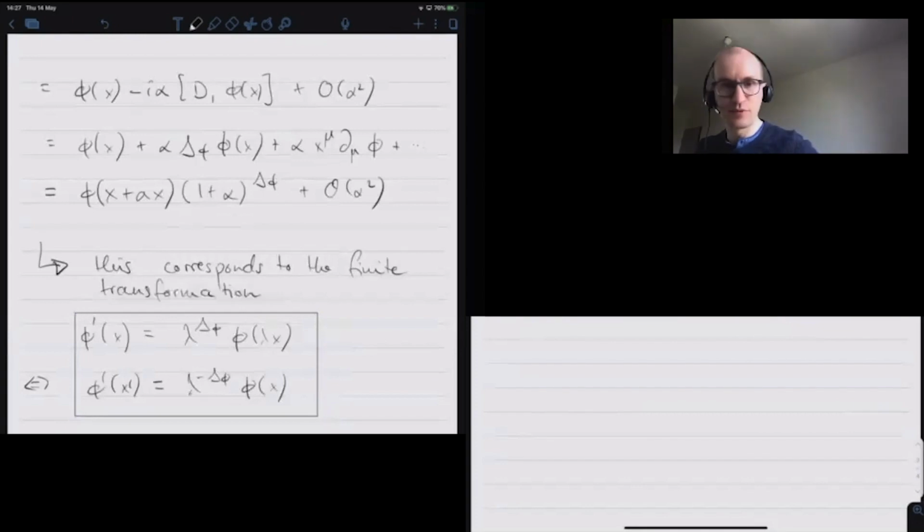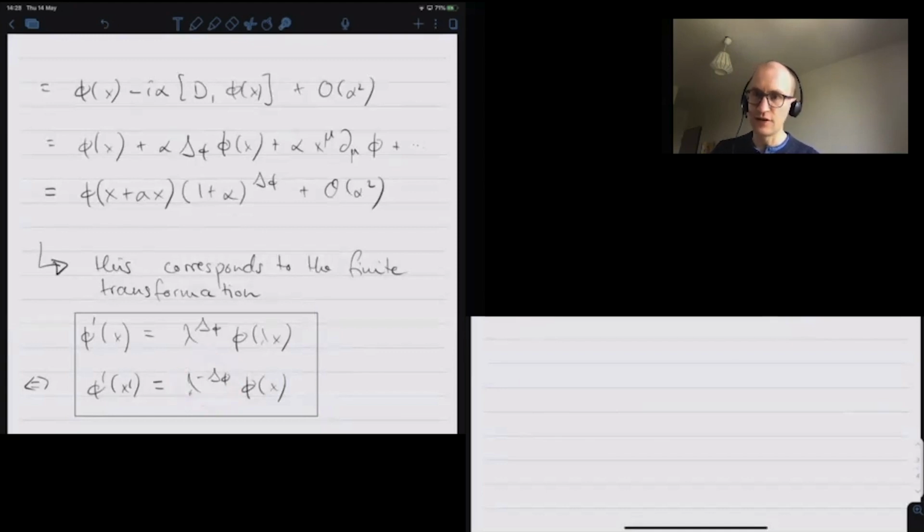Okay, and this is probably something that many of you have seen before. But what it says is that if I transform such an operator, a scalar operator for simplicity now, if I subject it to a dilatation operation, then it transforms itself with a certain scaling weight.